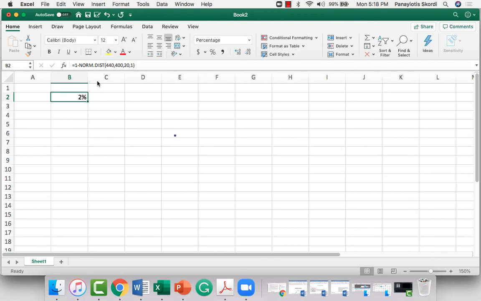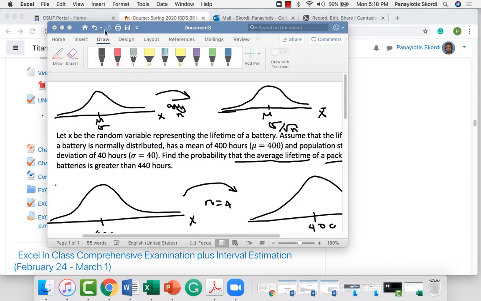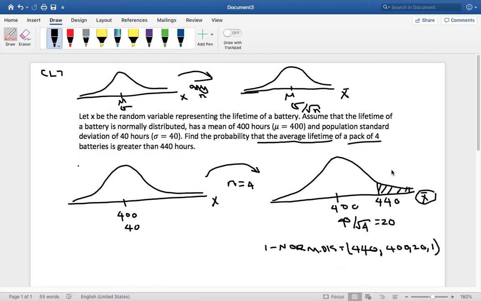And what does that give us? It gives us about 2.3, 2.28%. So let's go back. The answer to this question, this area in here, this probability, is 2.28%. So there's a 2.28% chance that the average lifetime of a 4-pack of batteries is greater than 440 hours.